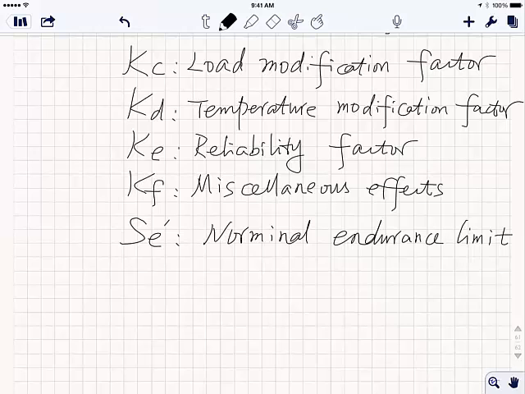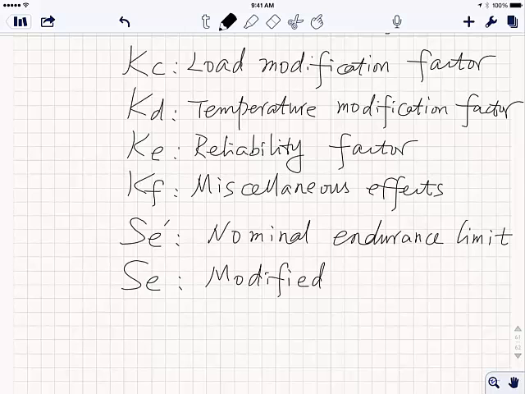The last one, SE, is the modified endurance limit. So, 6 parameters.